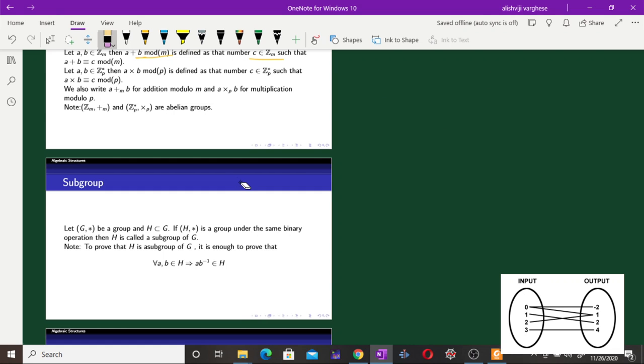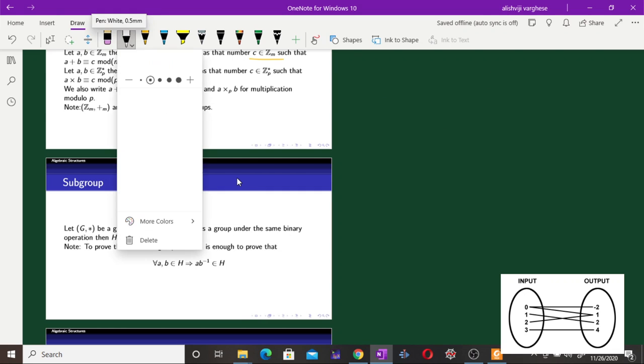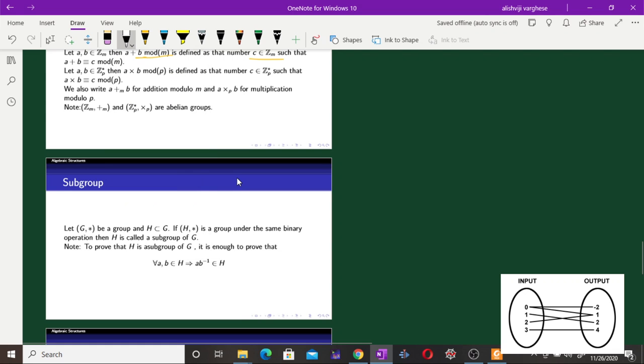To prove that a subset H of G is a subgroup of G, where a binary operation star is defined on G, we need only prove that a star b inverse belongs to H for all a, b belonging to H. That's a simple method by which we can prove that H is a subgroup.